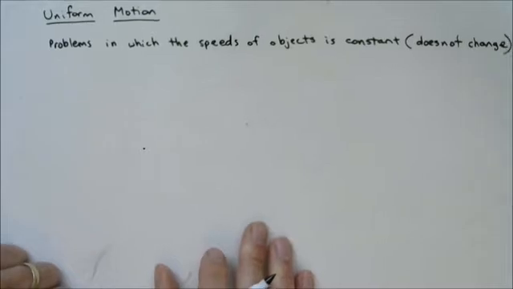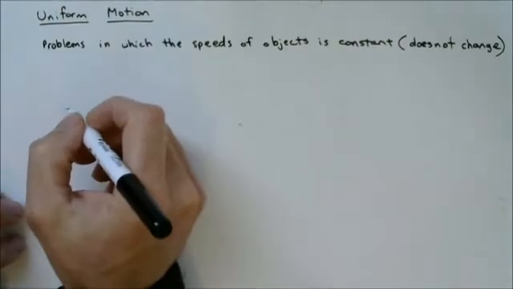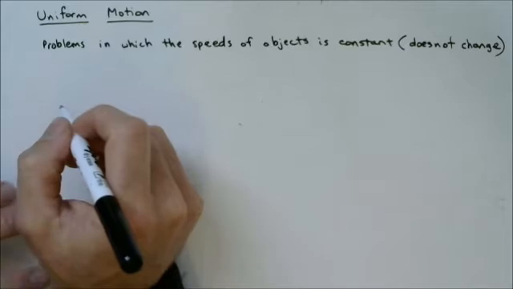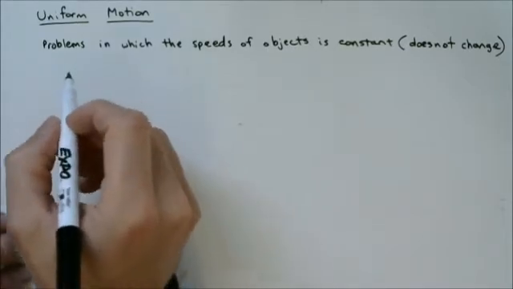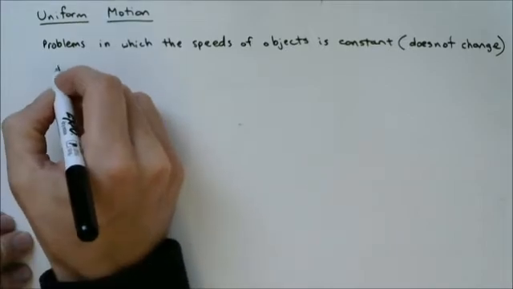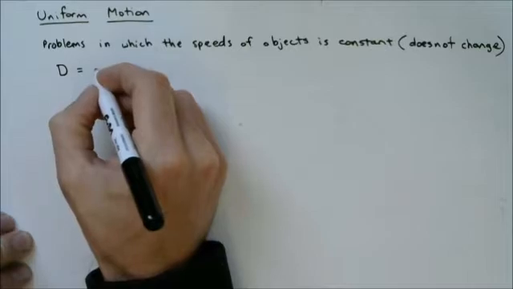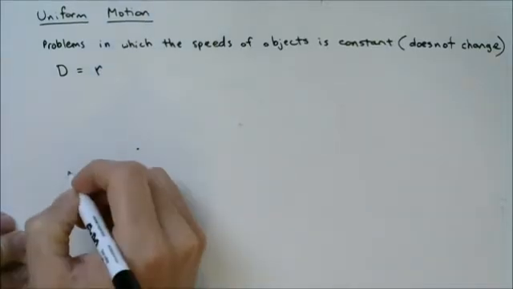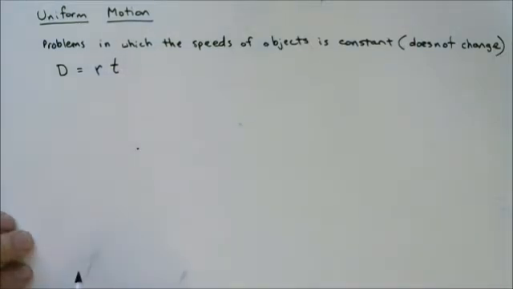Okay? It's uniform. Now, there is a basic formula that is used for all uniform motion problems, and it includes three variables. It includes the three aspects of anything in motion. You have the distance traveled is equal to the rate at which something travels times the amount of time that they are traveling.